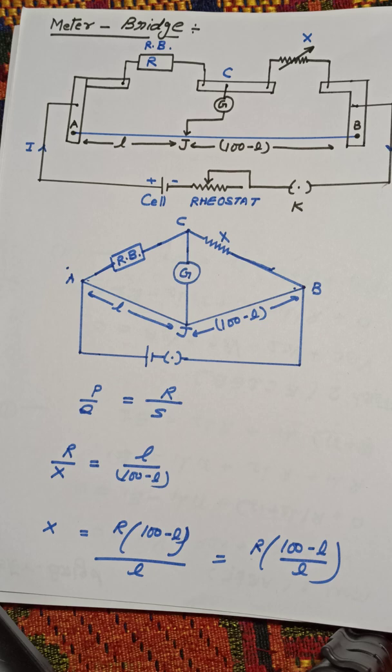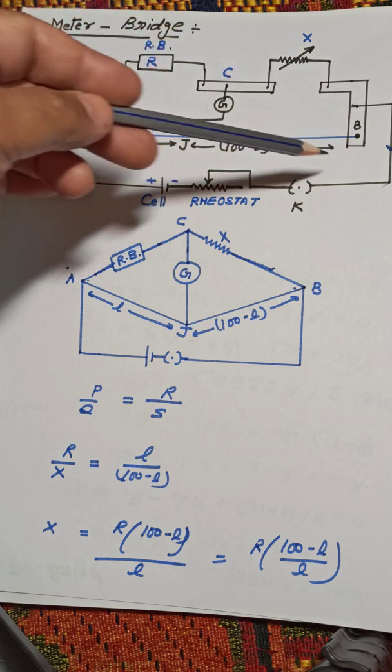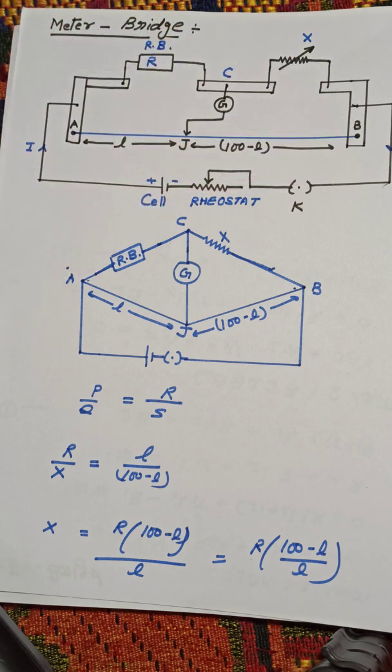As you can see in the diagram, AB is a 1 meter wire of manganin or constantan, which is fixed along the scale on a wooden base. The area of cross section of the wire is the same at all places, and the two ends of the wire are connected with L-shaped metallic strips, mostly made of copper.